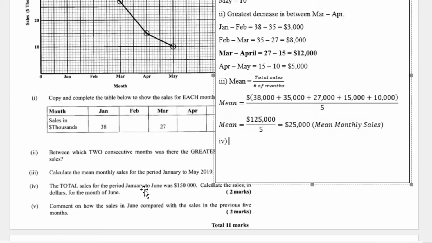So we're looking for what number would be added to 125,000, which is the total from January to May, that would make it now come to a total of 150 in June.